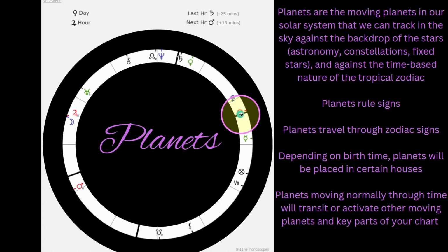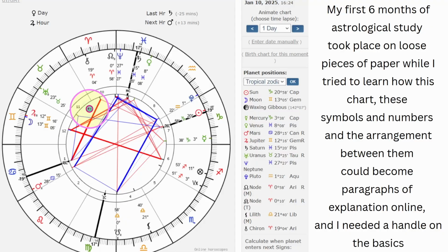So what I mean is, on this day in January, sun was here all day. Doesn't matter what time of day or where in the world you were born, sun was here in Capricorn. Okay? Now, if you were born in the morning, sun in Capricorn would have been in the first house. And that would have put Mercury in Capricorn in the first house, and Pluto in Aquarius in the second house.